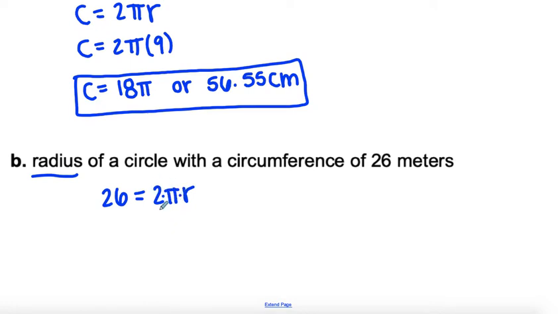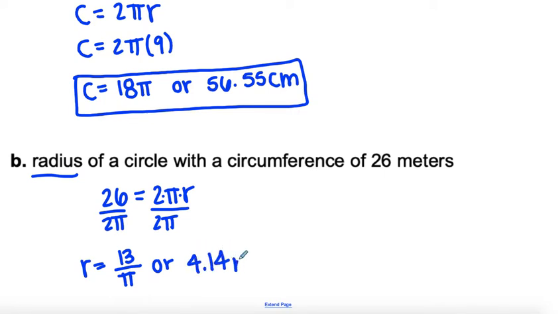So in order to move that 2 pi, I need to divide it from both sides. And so I get R is equal to, well, 26 divided by 2 is 13, over pi. Or if you were to put that in your calculator, 13 divided by pi, you would get 4.14 meters.